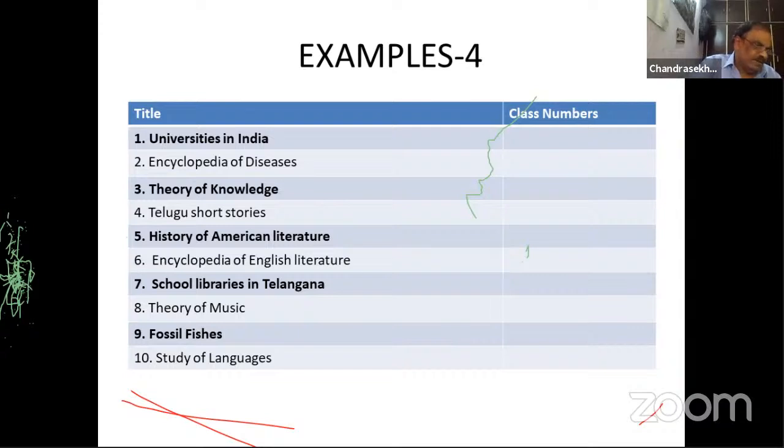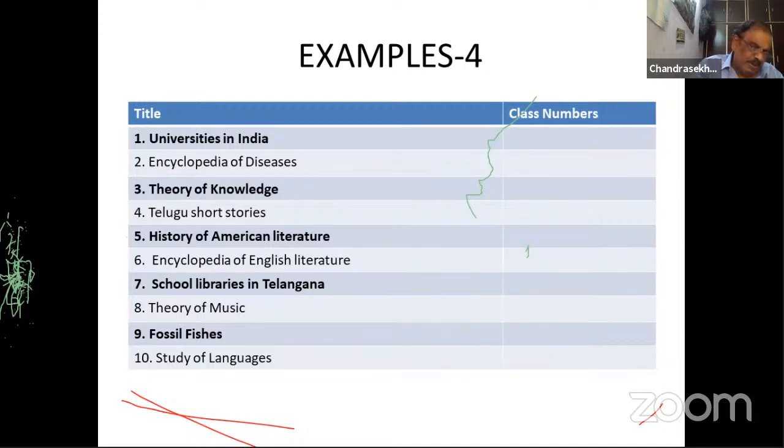Is there any instruction there? 780, instruction is there. 780.1 to 0.9 standard subdivisions.